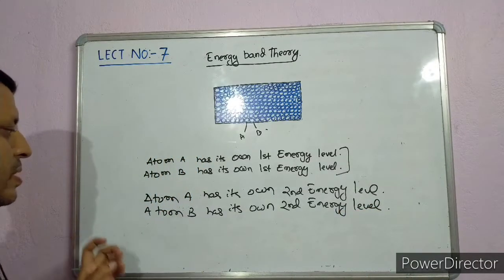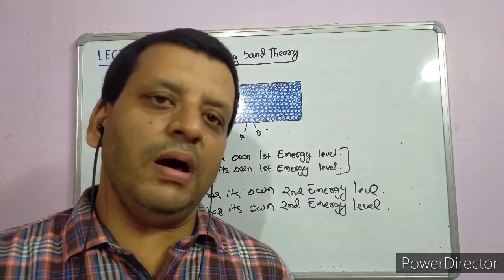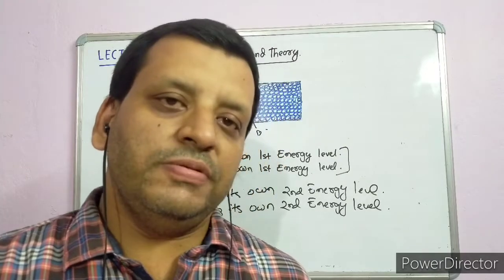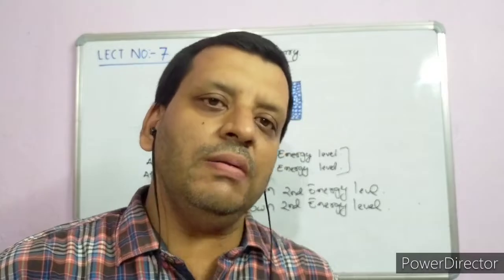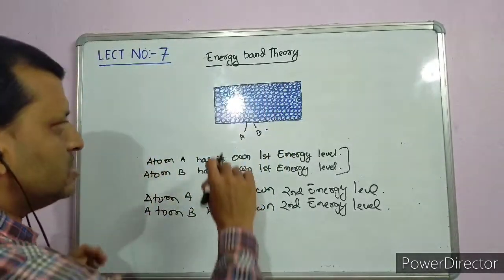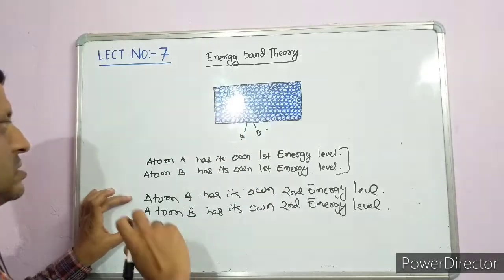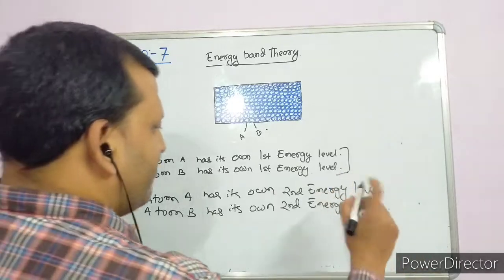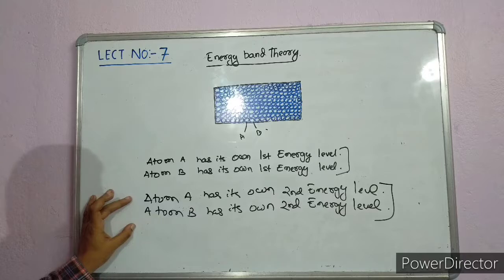Here also, because these two atoms are quite close, the second energy level of atom B will interfere with the second energy level of atom A. Similarly, because all other atoms are quite closely packed, the second energy levels of all other atoms will interfere with these two second energy levels.